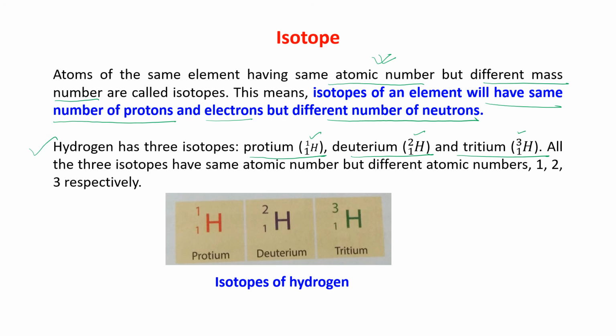The first one is having no neutrons. The second one is having 1 neutron and the third one is having 2 neutrons. Okay, all the 3 isotopes have the same atomic number but different mass. That is 1, 2 and 3 respectively. Clear?